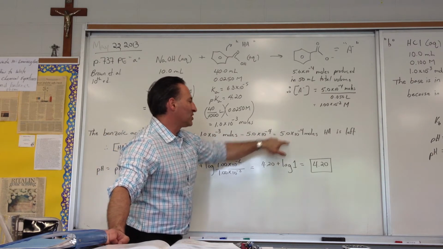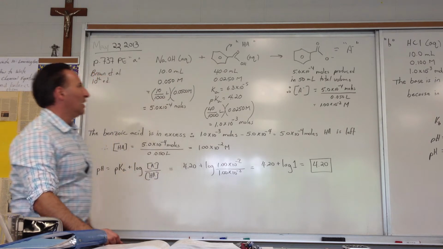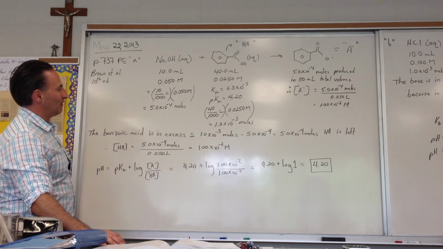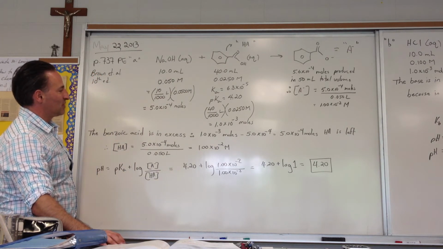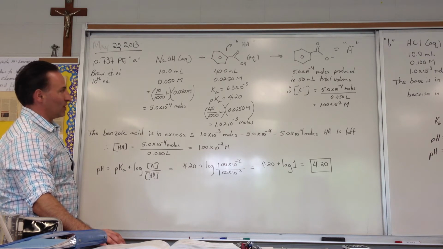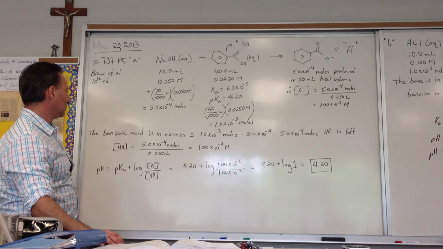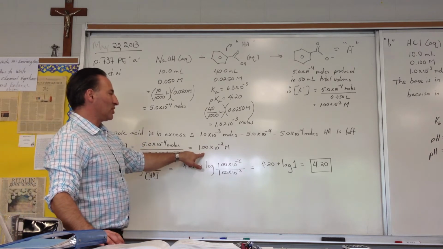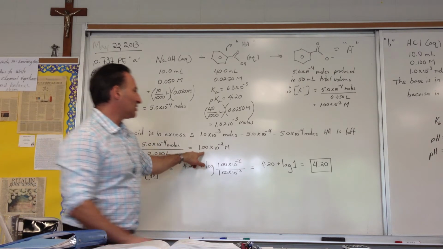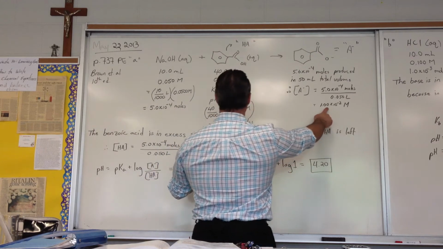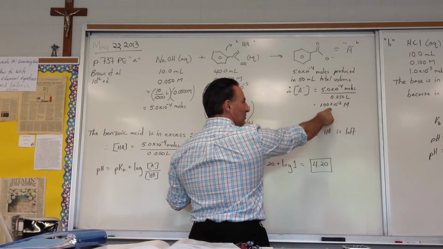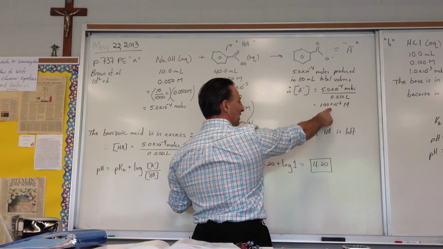It means there's 5.0 times 10 to the minus 4 moles of benzoic acid left. That is dissolved in 0.05 liters, so its concentration is 1.0 times 10 to the minus 2. So the concentrations of the two species, benzoic acid and the benzoate anion, end up being exactly the same.